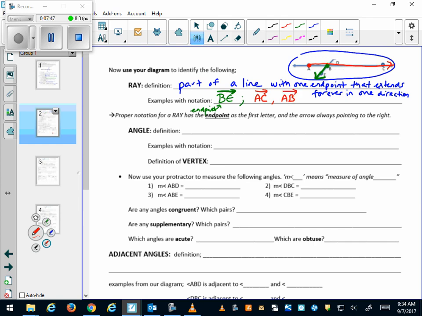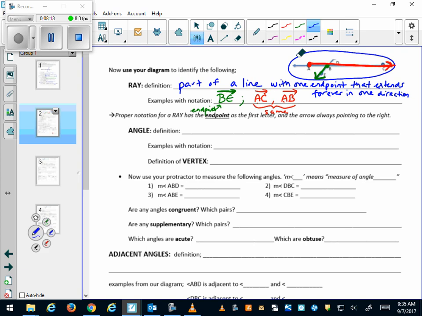That is the same ray, because it starts at A, that's the endpoint, right? Starts at A and goes through B and continues forever. Well, if it goes through B and continues forever, it also goes through C, right? So this red ray here, I can name it either AC or AB. So sometimes there's more than one way to name the same ray.